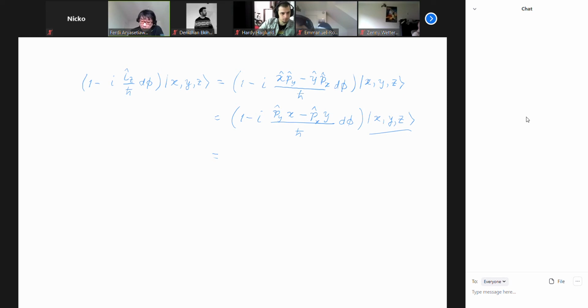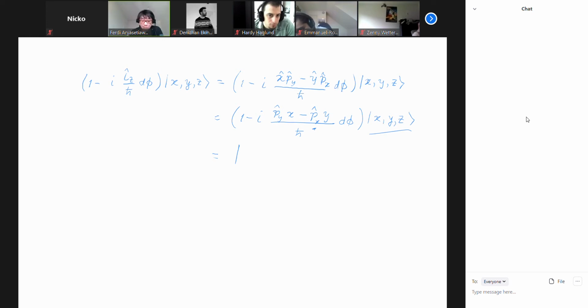So now we can see that the py will shift the y component by x multiplied by d phi, whereas the px will shift the x component by minus y d phi.